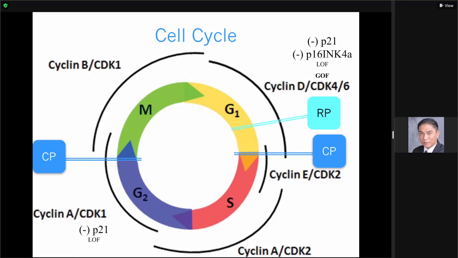Ang P53, saan siya involved? Sa G1S. And ang RB, G1S din. Pero ang P53 is also involved sa G2M, hindi lang sa G1S.